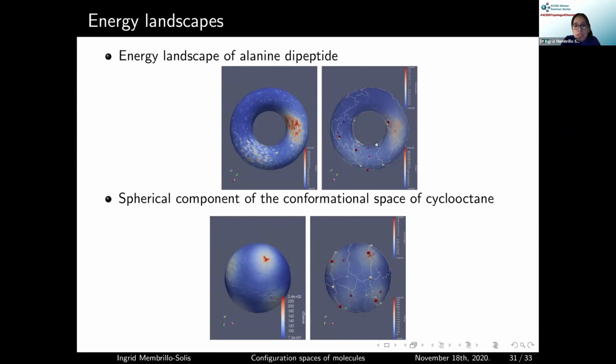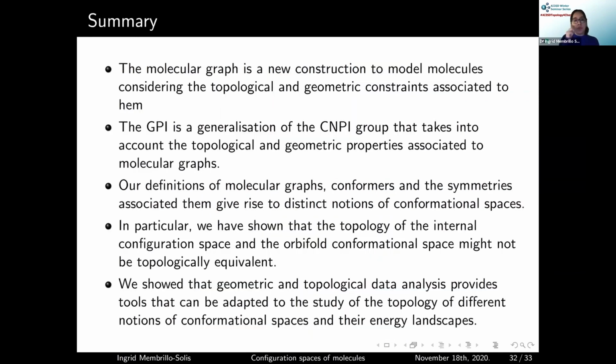Here, white dots are saddle points, red dots are maxima, and blue dots are minima. Similarly, this is for the alanine dipeptide, and this is for the spherical component of the conformational space of cyclooctane.